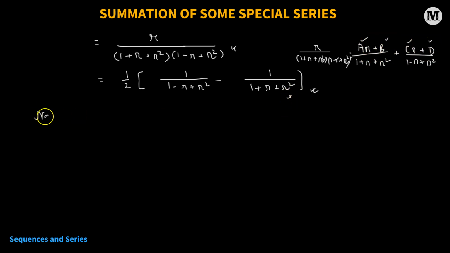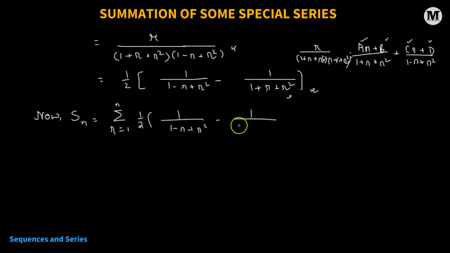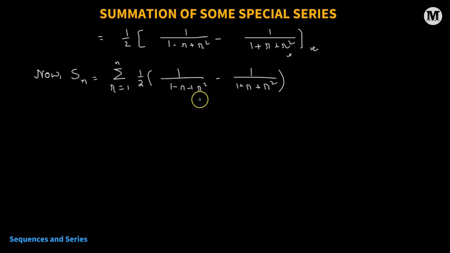Okay, so let's now try to find out the sum to n terms. The sum to n terms will be given by summation r going from 1 to n. We need the rth term, so that's simply going to be half multiplied by 1 over 1 minus r plus r squared minus 1 over 1 plus r squared. Now we'll be expanding this particular series. For the first term, all we have to do is replace the r value with 1.